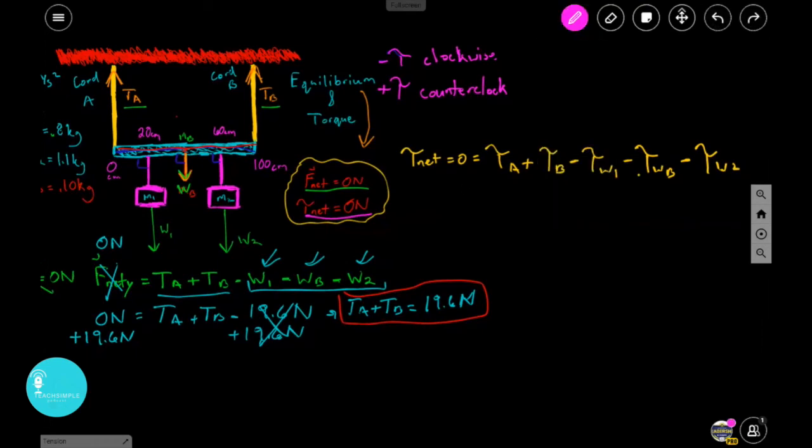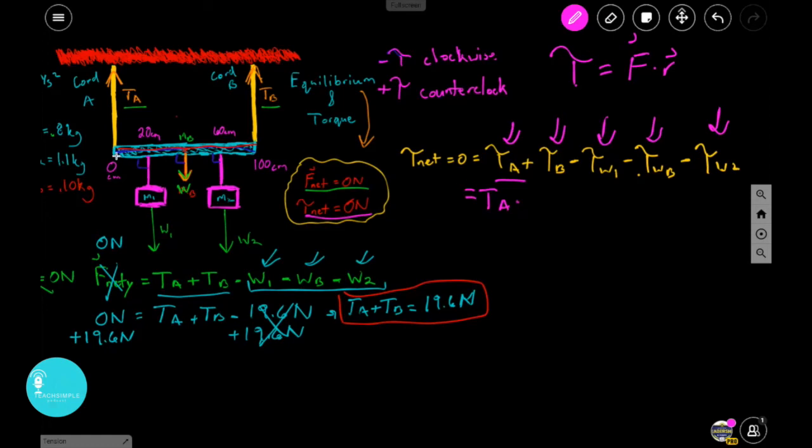So we know that the total net torque is equal to 0. Let's figure out the torque at each one of these points. Remember, torque is force times the radius. And that's where these numbers are going to come in now. So the torque at A, the force at A is TA, that's my force because tension is a force, times the radius.